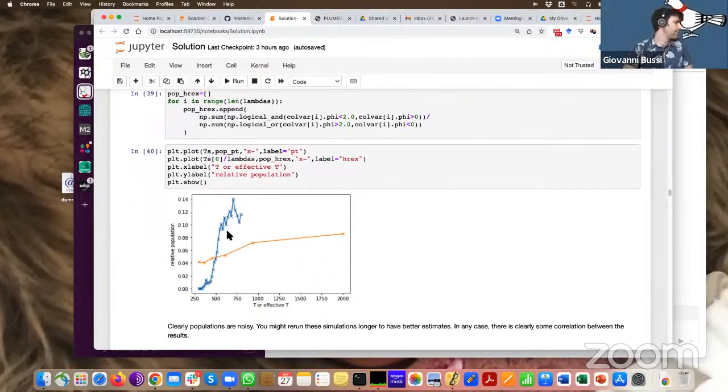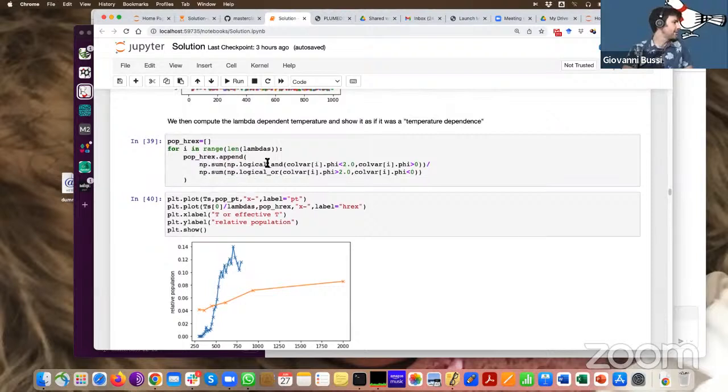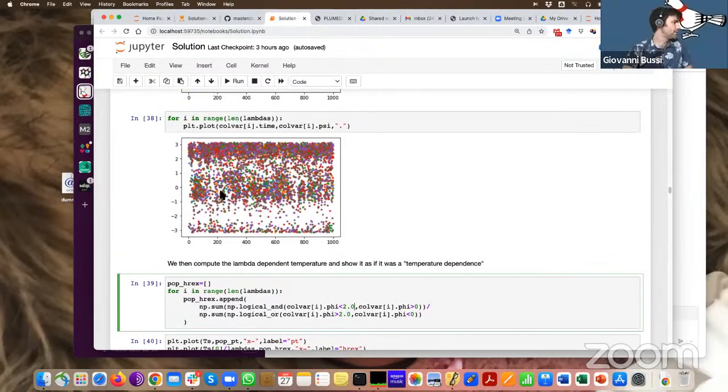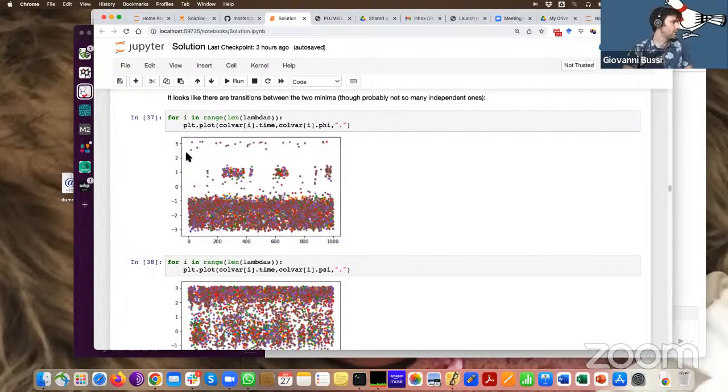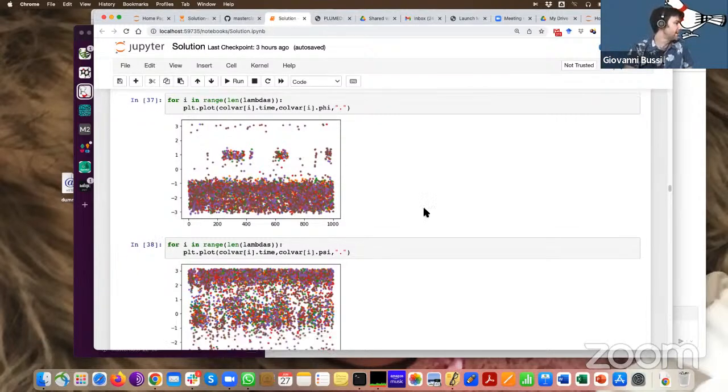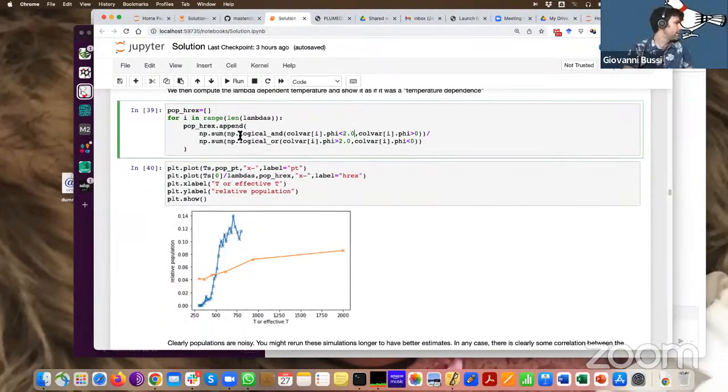And here I'm plotting the population. I'm just counting the number of frames between 0 and 2, which is here. I call it state B, all the rest I call state A, and I plot just the ratio between them. And you see I get a line like this one.